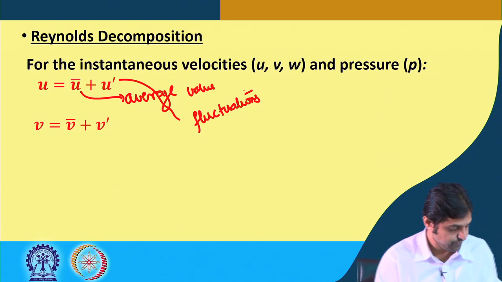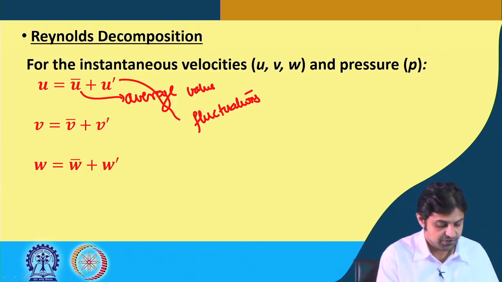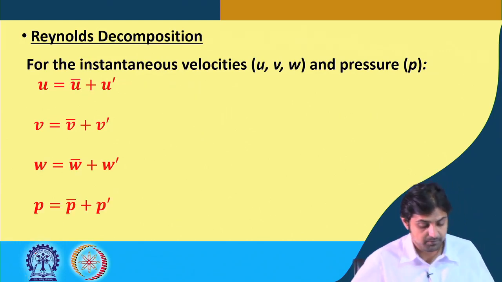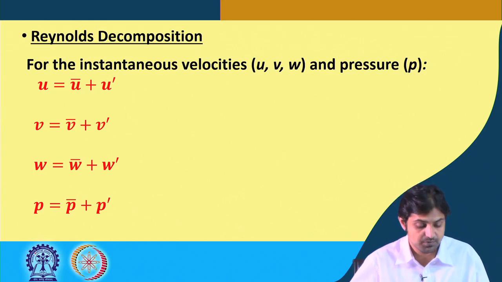Similarly, w is written as w bar plus w prime, and pressure is written as p bar plus p prime.